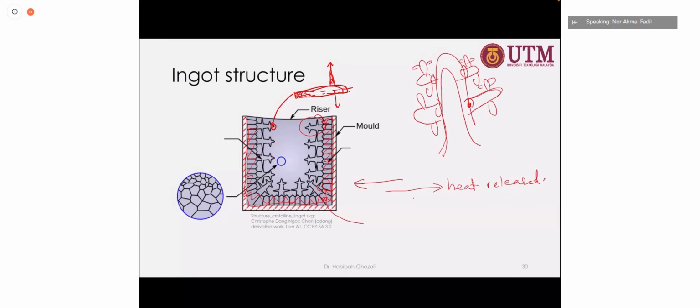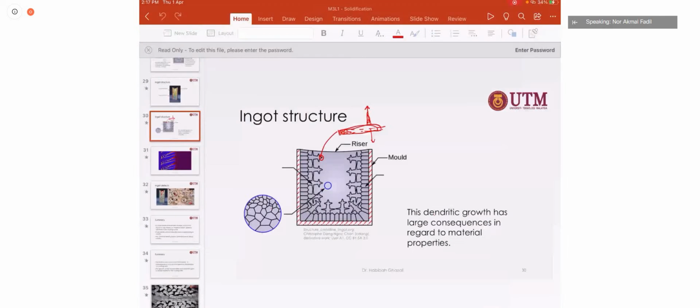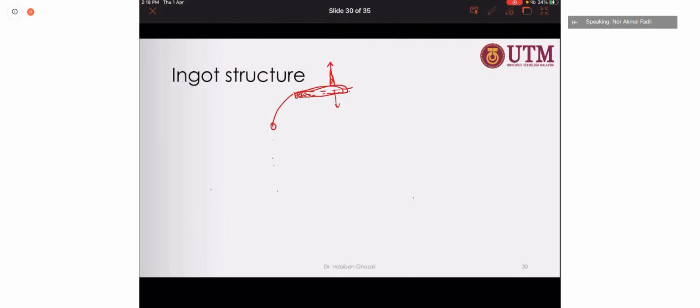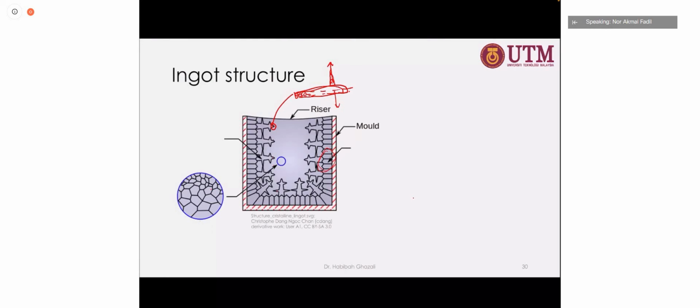So branches tend to form from the first solidification surface, which is the columnar surface. Columnar surface is this region, the columnar region. Once we have the columnar region, the first solidification at this region starts to slow down in terms of cooling rate.